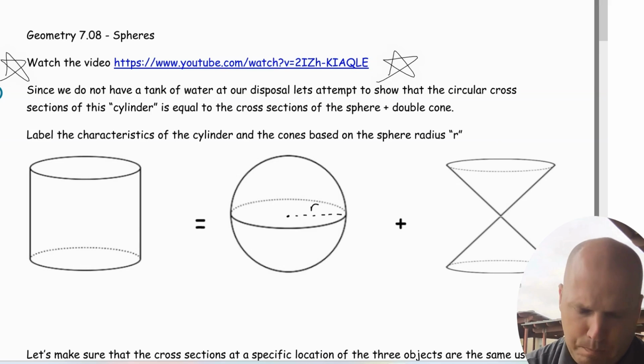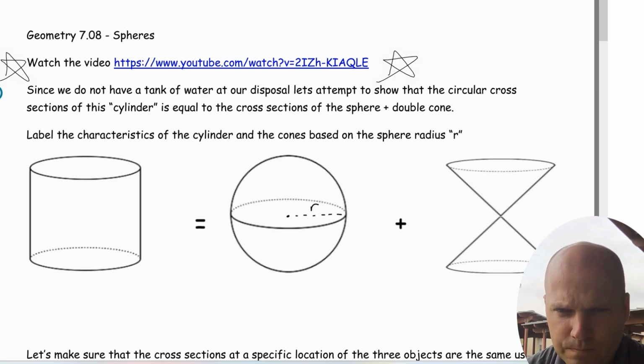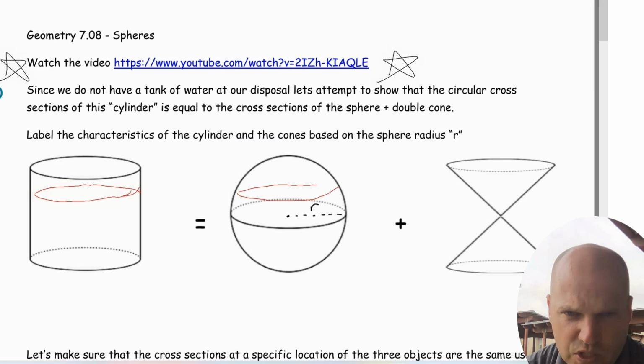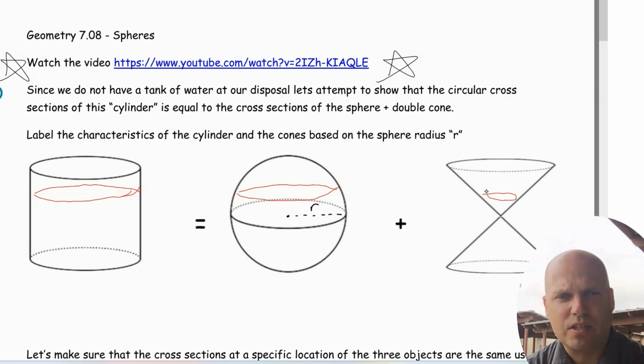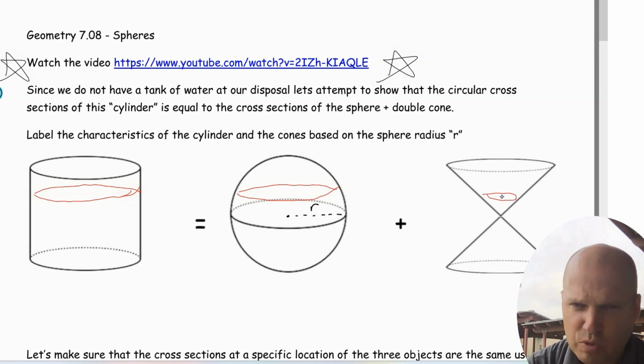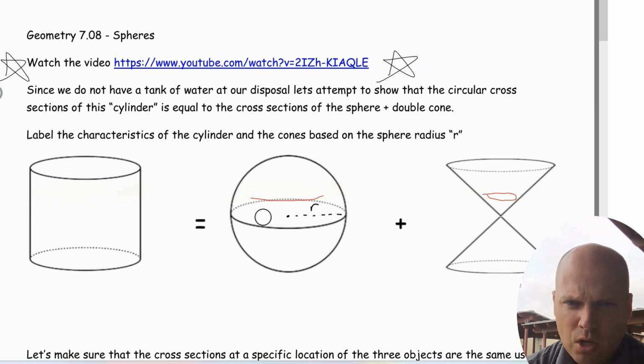This was potentially based on intuition, where he's like, I bet that if I look at any section, the area of this cylinder will equal the area of the sphere, which is going to be smaller because it's curved in, and then the area of this part of the cone, which is very small. This area plus this area equals that area. Cool. And we are going to investigate that.